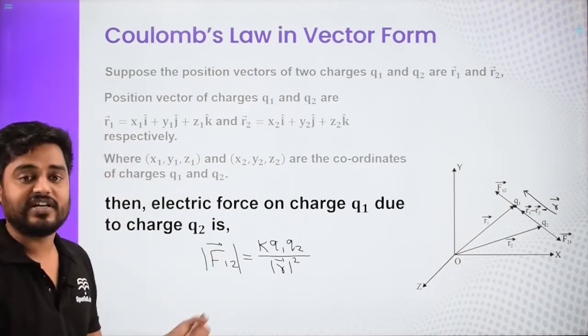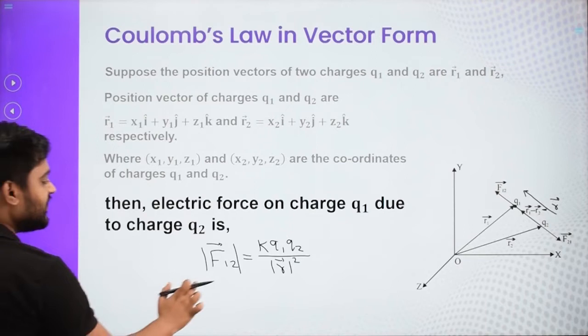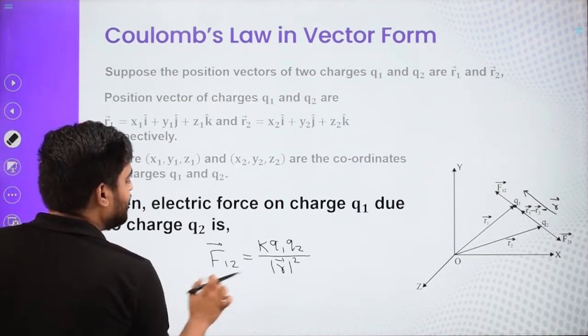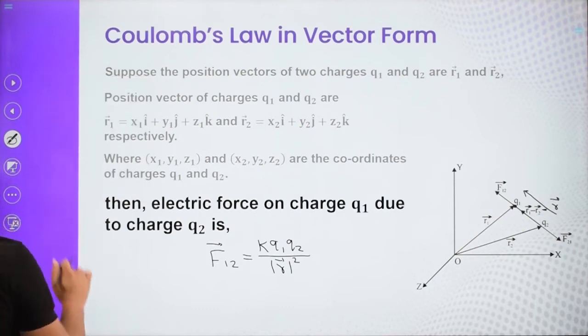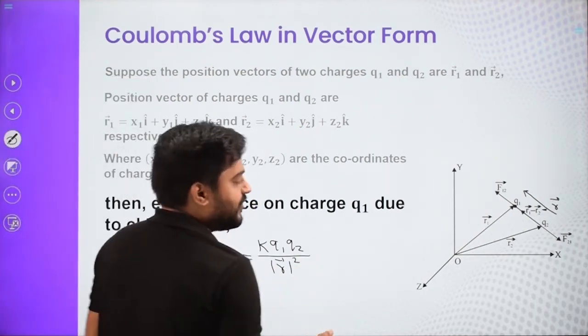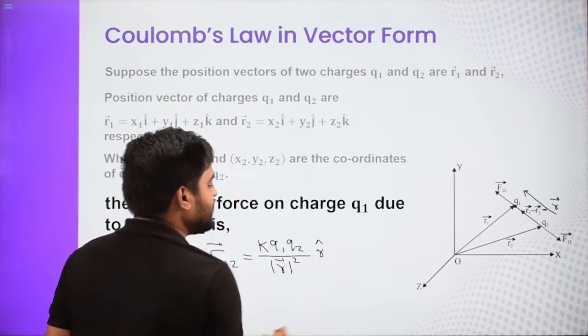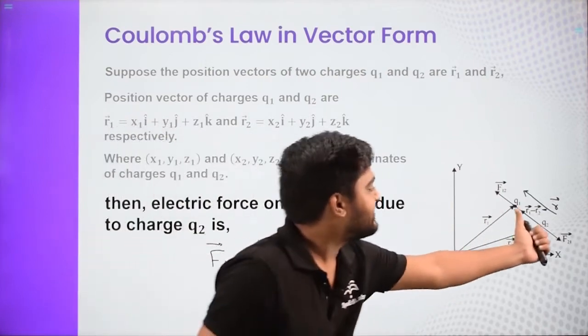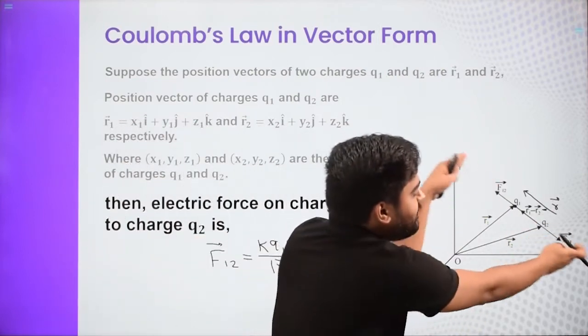What about the direction? If I add the direction to this magnitude, then it will come in its vector form. So to make it a vector, I am adding R cap, the direction. Here I am assuming that both the charges are positive, hence the force will be repulsive.